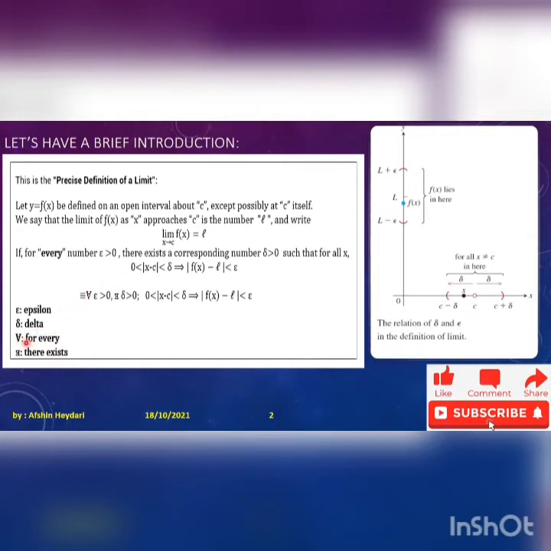This sign means for every given epsilon, there exists a positive delta, which if absolute value of x minus c is less than delta and greater than 0, as the result, absolute value of f of x minus L is less than epsilon.